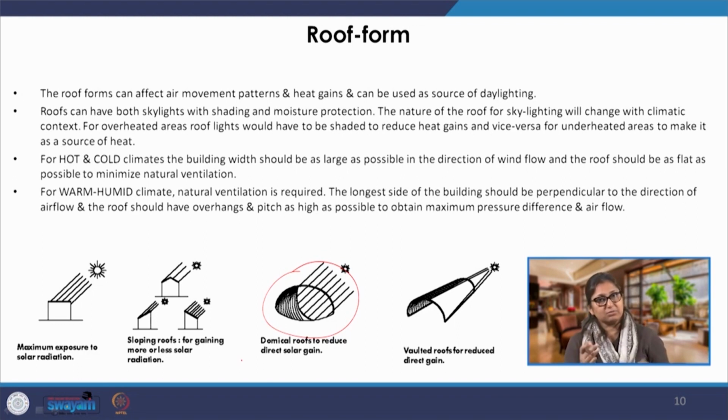At all other times, a large portion of the roof will remain shaded, and some portion will be receiving radiation. So, there is less radiation as compared to the flat roof.